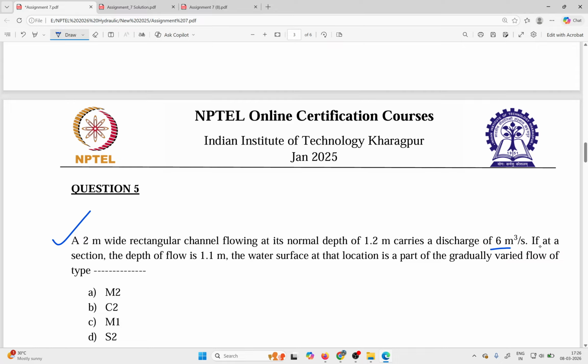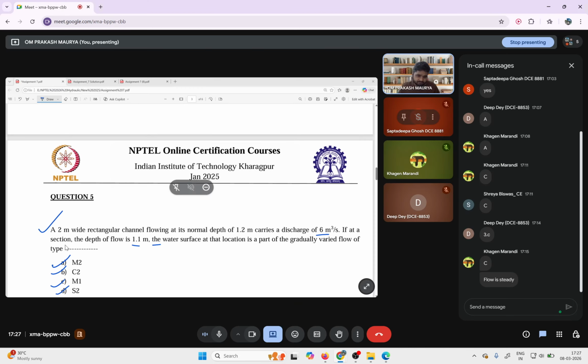If at a section the depth of flow is 1.1 meter, the water surface at that location is a part of which type of gradually varied flow: M2, C2, M1, S2? Very interesting question. So please just try to calculate. The question is very easy.